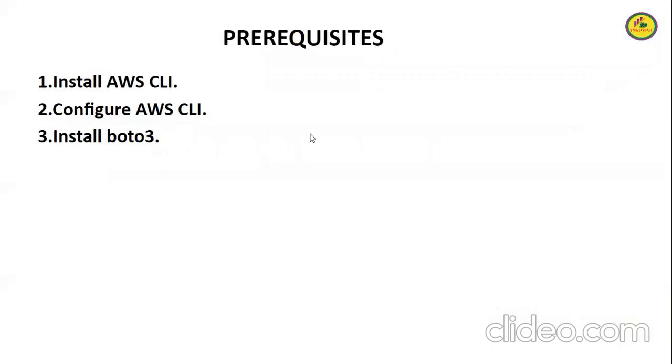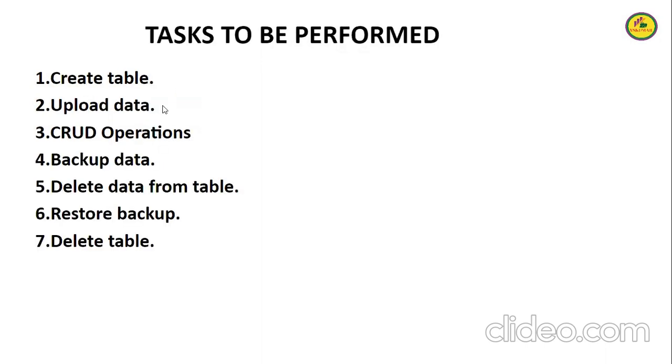For this demo, these are the prerequisites we need to install: AWS CLI, then configure the AWS CLI, and install Boto3. I already configured these things on my local computer. After this, these are the tasks we are going to do with the DynamoDB table. We will create the table first of all.